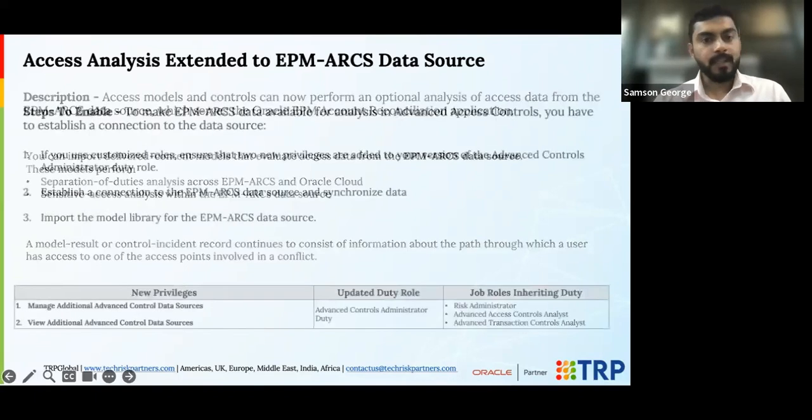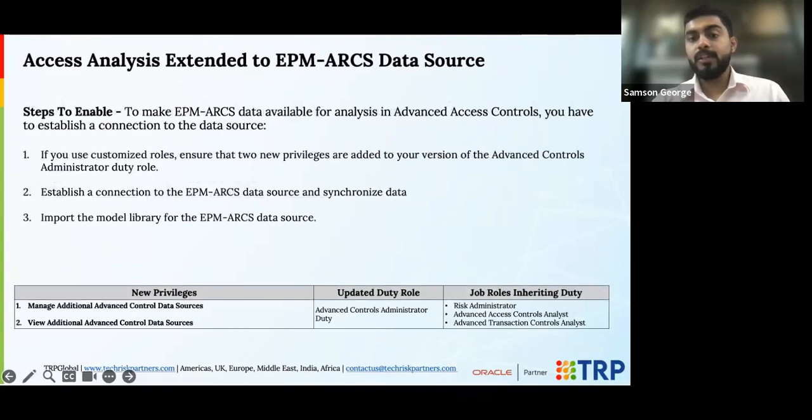But to deploy that, or to make sure that you start utilizing the EPM ARCS data source, there are a few steps or setups which you need to perform with respect to synchronizing the data from the EPM side. You must have already been doing the synchronization for your Fusion to run the various Oracle Risk Management Cloud controls.